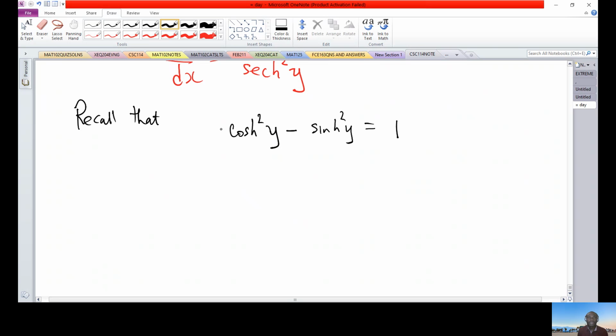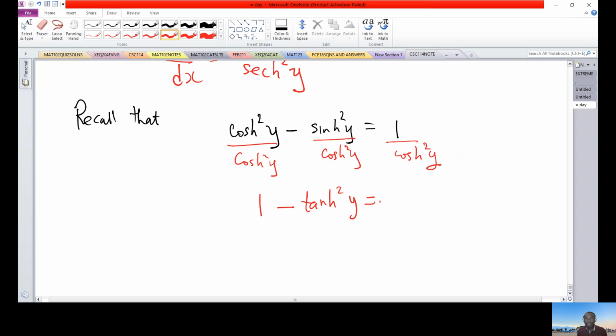So therefore, in this equation, if you divide by hyperbolic cosine squared, it will be 1 minus, so sine over cos gives you hyperbolic tangent. 1 over this gives you sec squared, which tells us that this is what holds here.